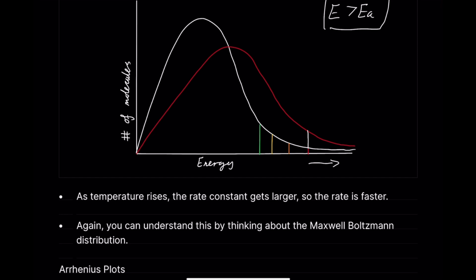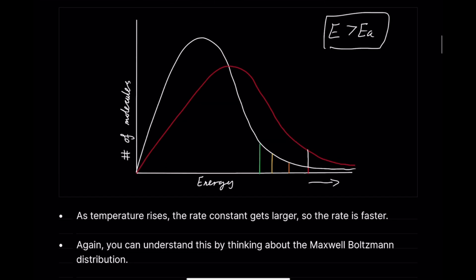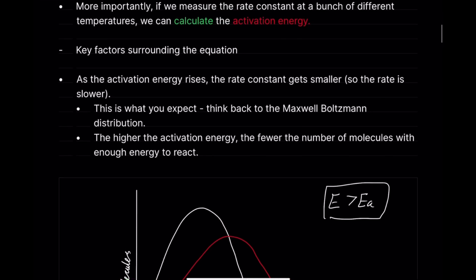And remember, the area underneath the graph represents the total number of molecules. So by increasing the temperature, we make it shift to the right a little bit. And that's what we mean by rate constant, because remember what the rate constant represents.